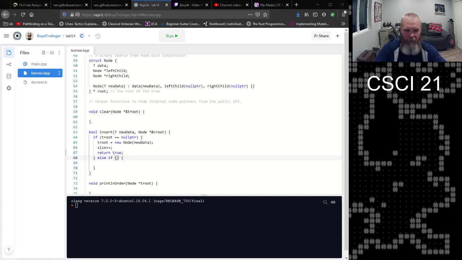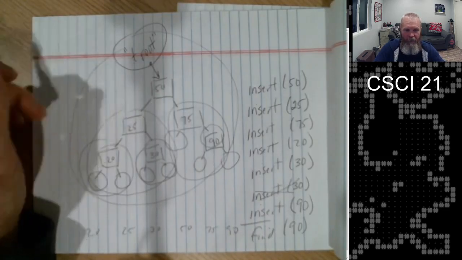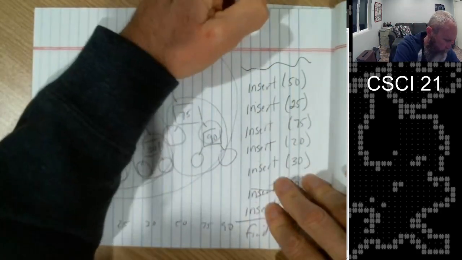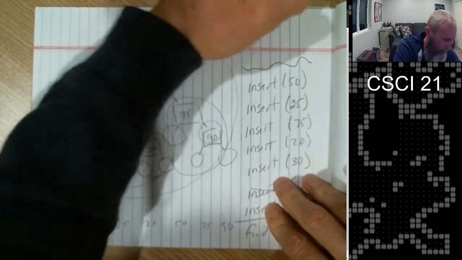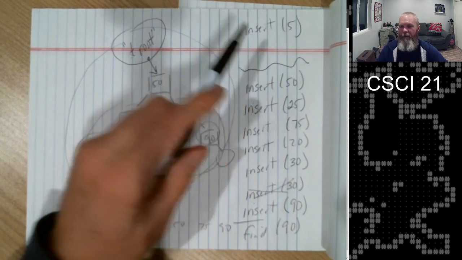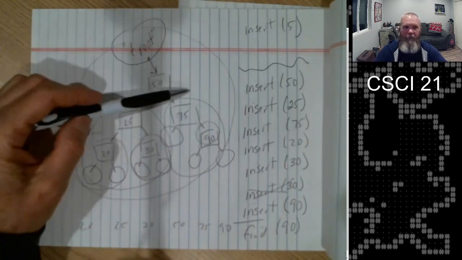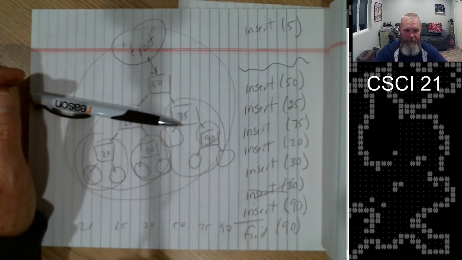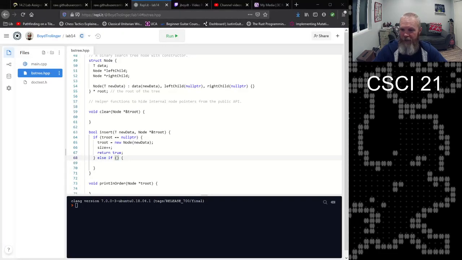Maybe if I bring my picture back up, I can help a little bit. So let's say we do insert 5. There you go, Baby Doll's got it already. So I may not have to do that. We'll just go back because Baby Doll already answered the question.